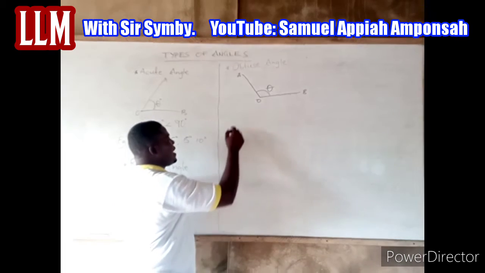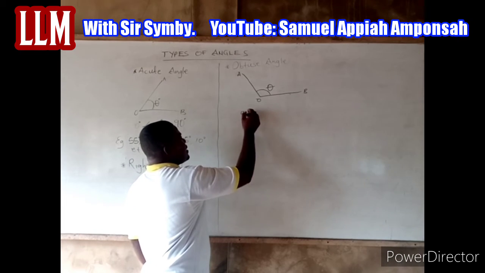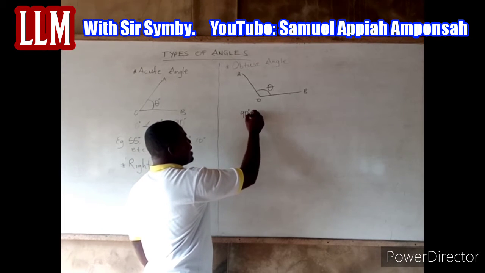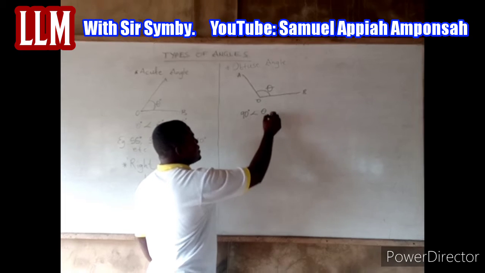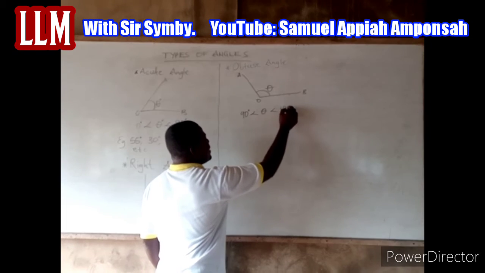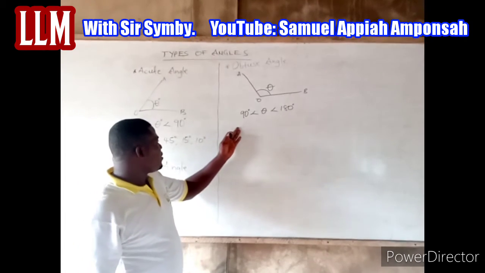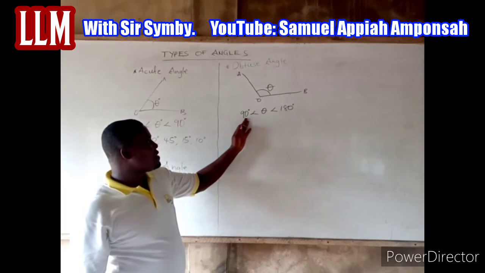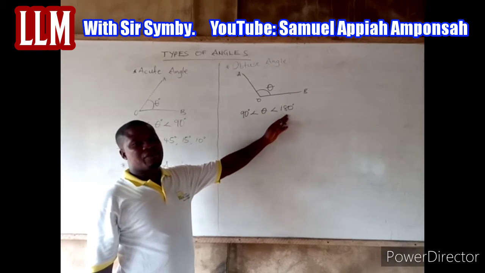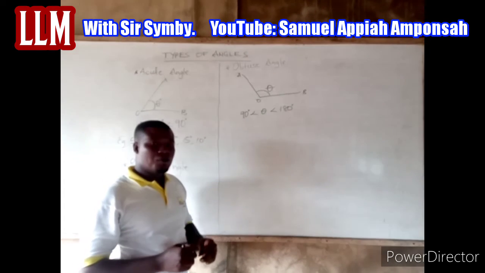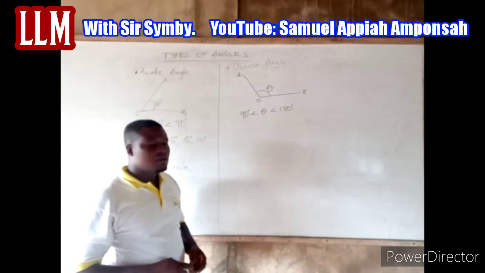The value of theta is that it is greater than 90 degrees but less than 180 degrees. So any angle which is greater than 90 degrees but less than 180 degrees is an obtuse angle.